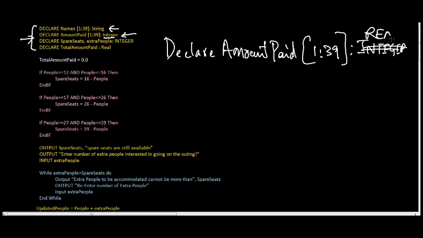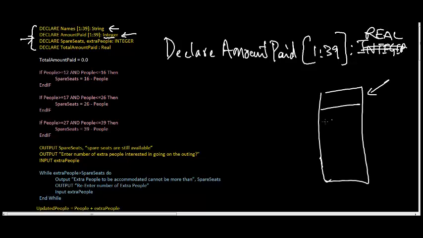I'm saying this should be real because amount paid will basically be an array into which we are going to be storing the cost per person, the senior citizens cost per person that was calculated in task 1. And if you remember, that cost per person was real. Our solution in task 1 had cost per person declared as real.